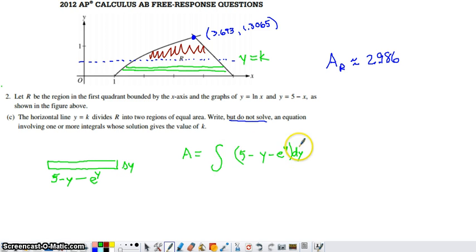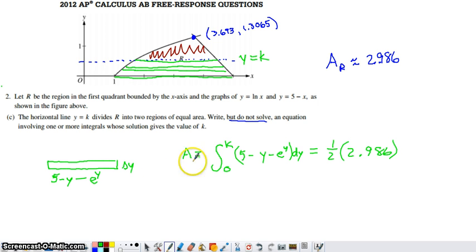Well, our limits of integration have to be y values, and the y values that all slices like this green one would range between are y equals 0 and this y value right here, which is y equals k. So if we do this integral, that will give us the area that's beneath the line y equals k, within the region R. We know that this answer has to be half of the area of region R, half of 2.986.